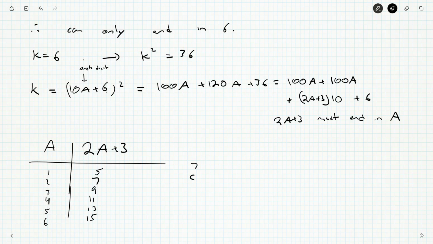What if I had 7, 8, and 9? So 2 times 7 is 14, plus 3 is 17. So 76 would be a fine Anderson number. 8, that's going to be 19, ends in a 9, that's no good. And 9 times 2 is 18, plus 3 is 21.